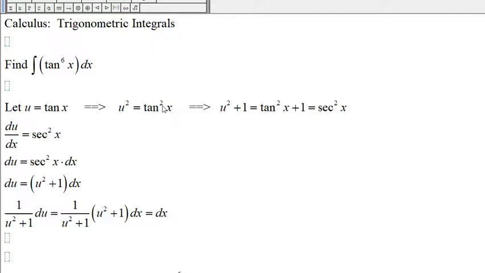Add 1, we get u squared plus 1 is equal to tangent squared of x plus 1. From trigonometric identities, tangent squared of x plus 1 is secant squared of x.